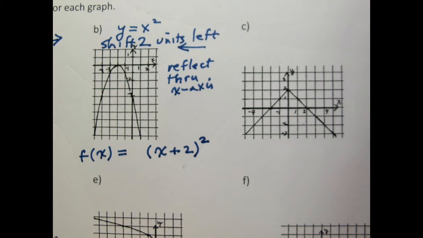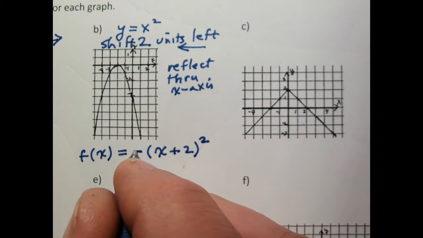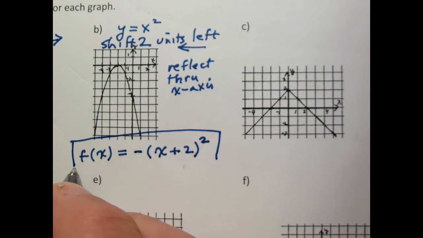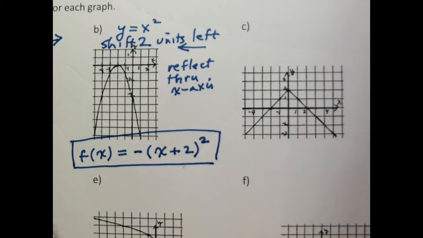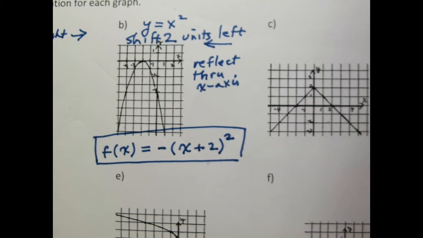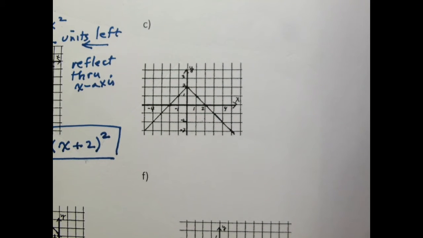And then the reflection through the x-axis means I put a minus sign in front of the parentheses. There we go. I think we got that one. There's our second answer.